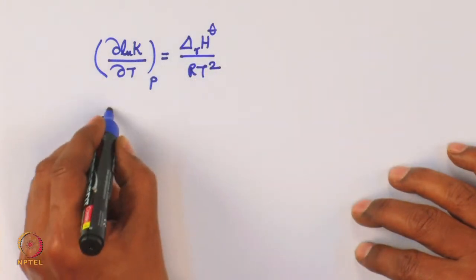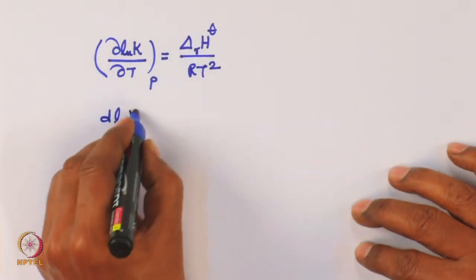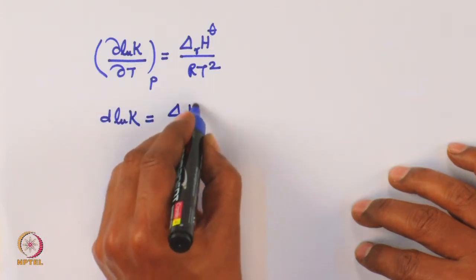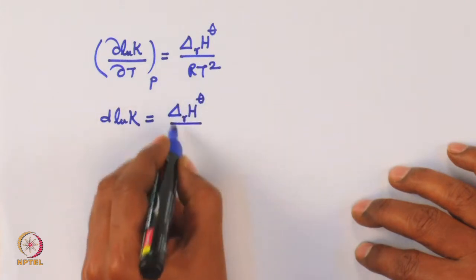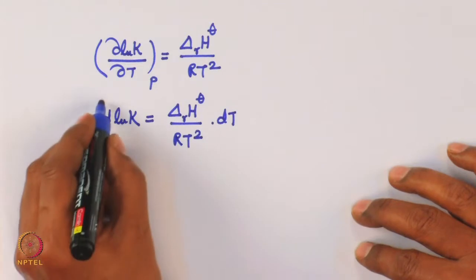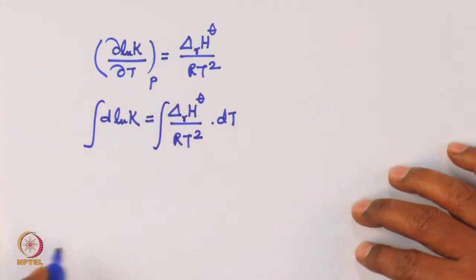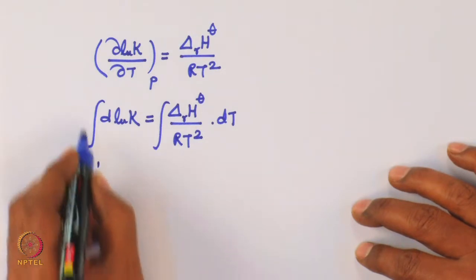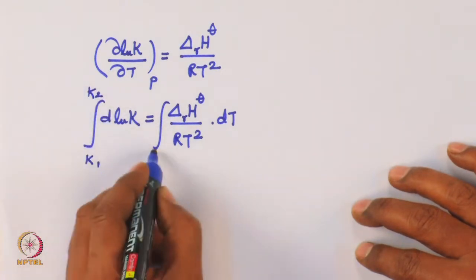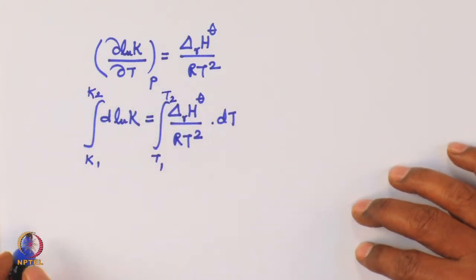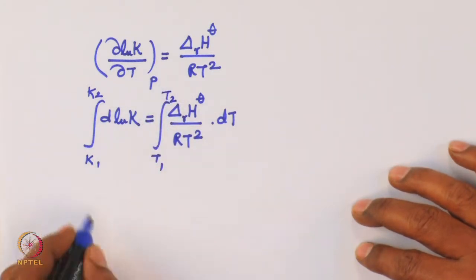If you permit me to write like this, d log K is equal to delta rH naught by RT square into dT, and then I integrate with limits from K1 to K2 and T1 to T2.